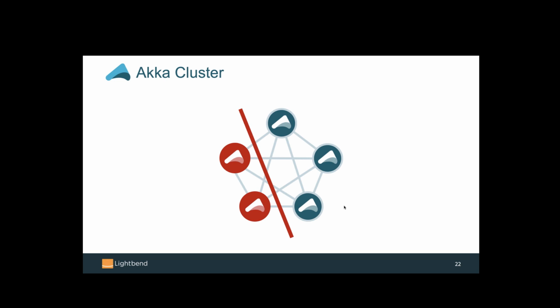So this red line here is an example of a network partition. If for some reason we've got a 5-node cluster, and all of a sudden there's a network problem and 2 of the nodes can no longer talk to the other side, the split brain resolver has a really complex logic setup that will down the correct side of this cluster.